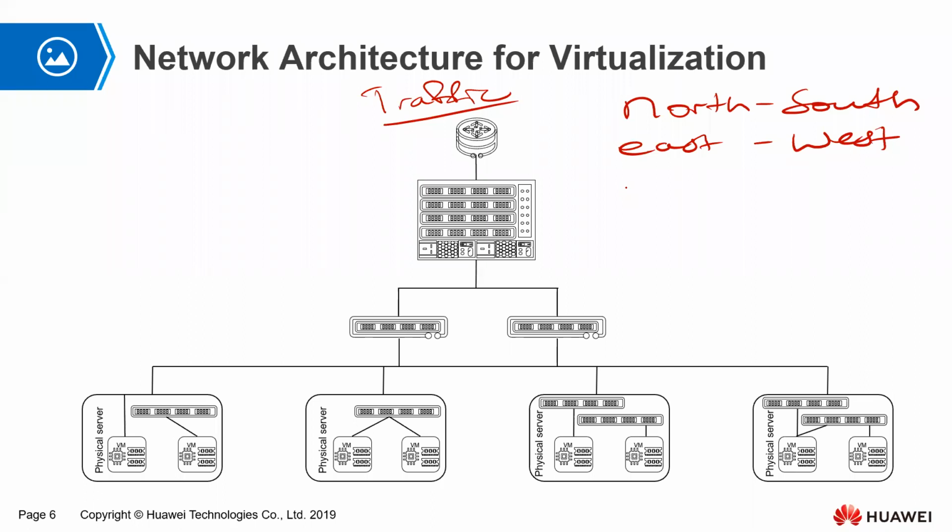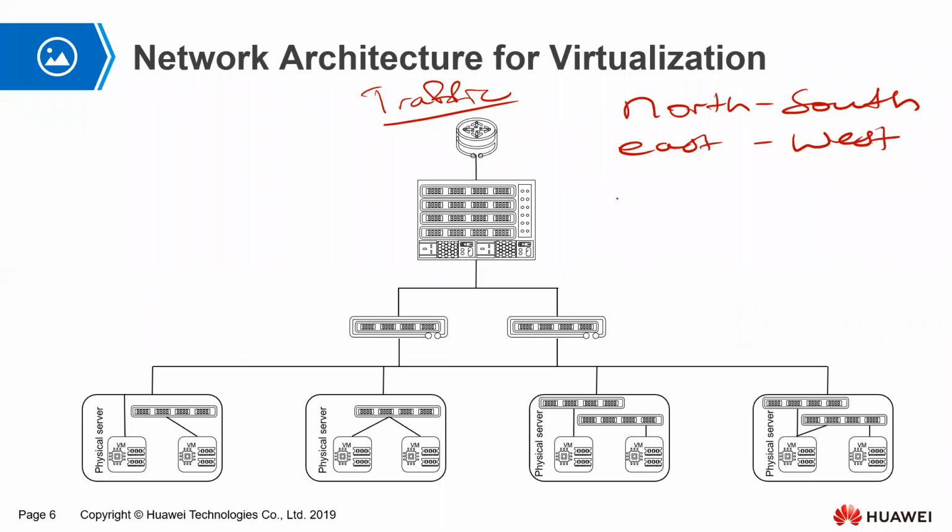So what I'm trying to say here is that any traffic that is going to traverse through a router is what we are going to call north-south traffic. Any traffic that traverses a layer 3 device, or that is going to be routed, is what we are calling north to south traffic.